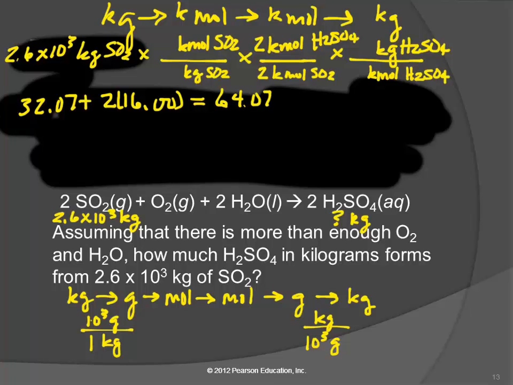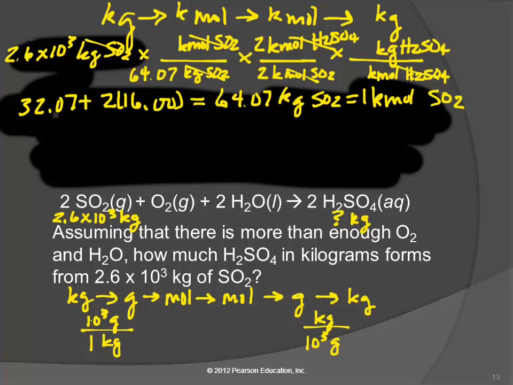And see, normally we would say 64.07 grams of SO2 equals 1 mole of SO2. And that's true. We can multiply each side by 1,000 and stick kilo in there, and it's still true. So we're going to stick in here 64.07. But I didn't cancel my units. So these are canceling, and those are canceling, and those are canceling.